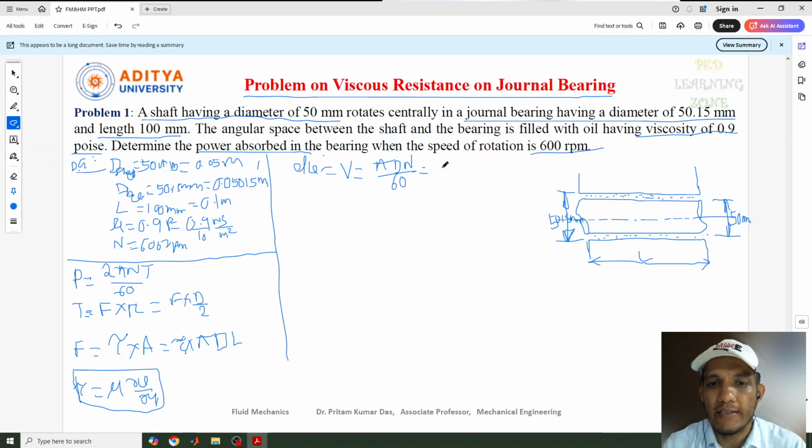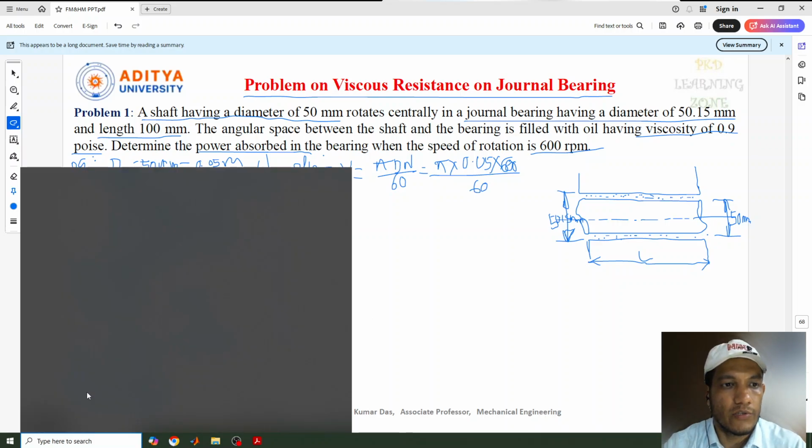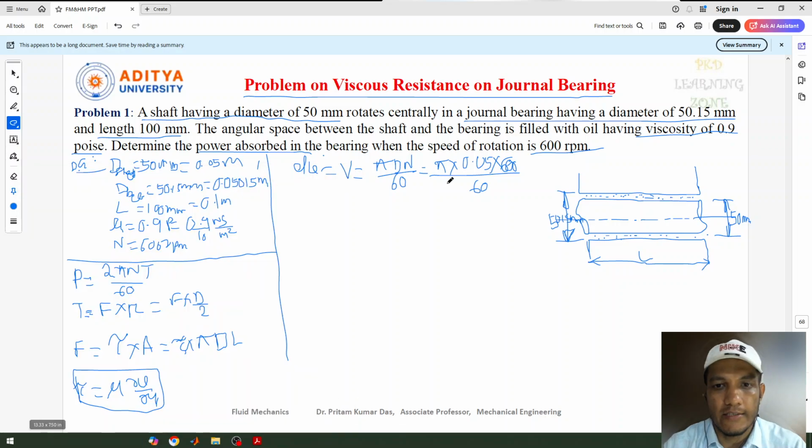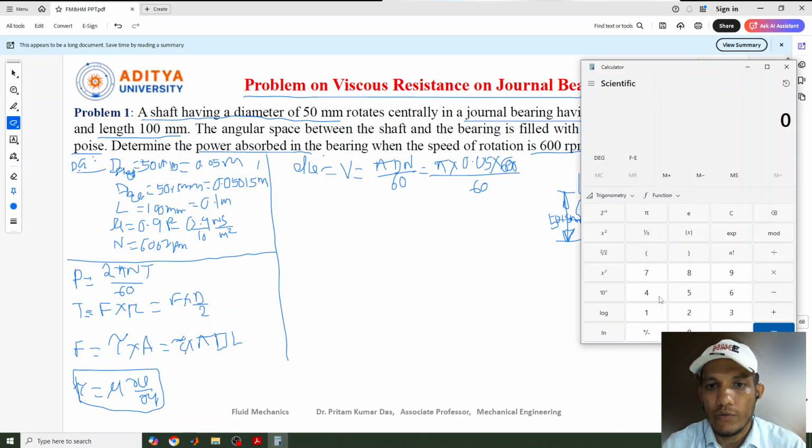So pi dn: d value is 0.05, into n. So pi into 0.05 into 600 divided by 60. Let's find this with the help of a calculator.